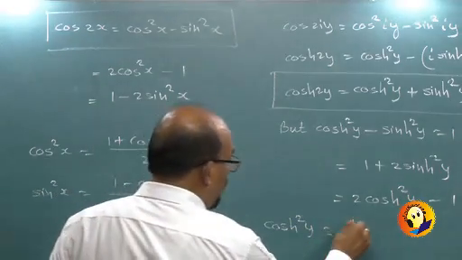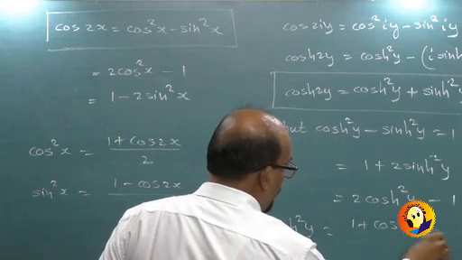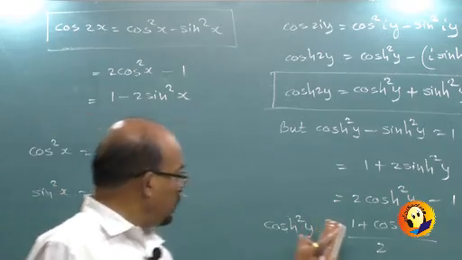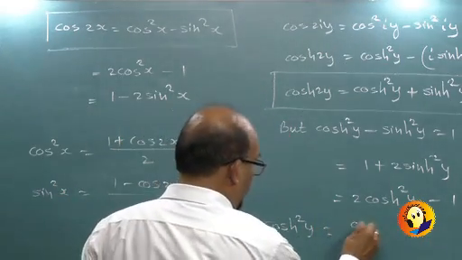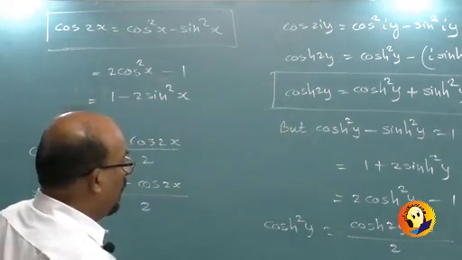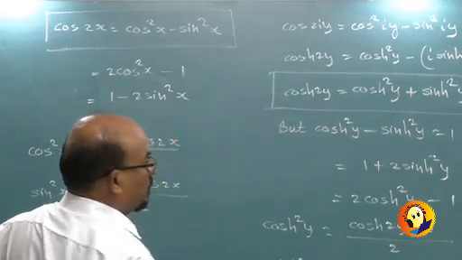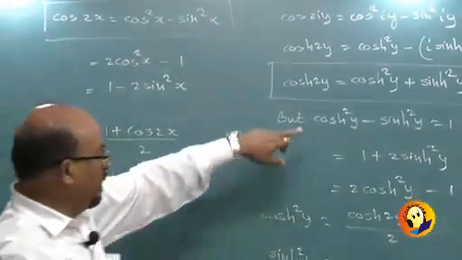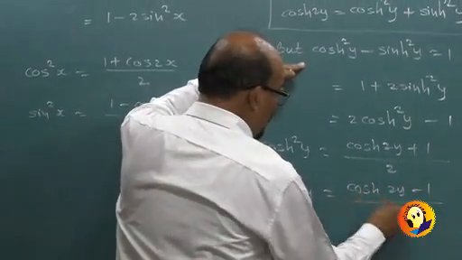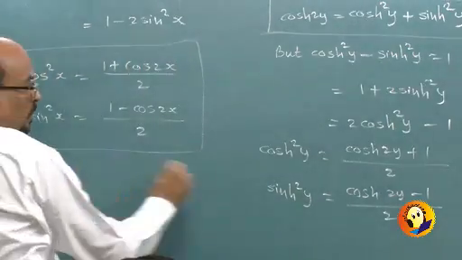It is 1 plus cosh 2y upon 2. It is a bad practice to write it like this. We should write it as cosh 2y plus 1 by 2. And what will be sinh square y? It will be cosh 2y minus 1 by 2. So corresponding to these two, we have these two.